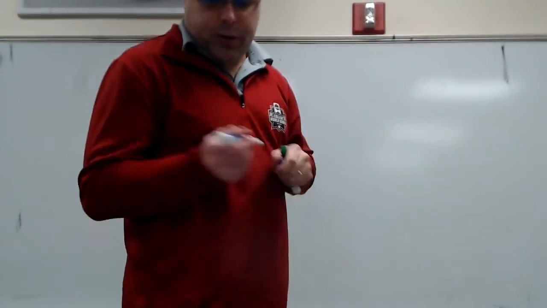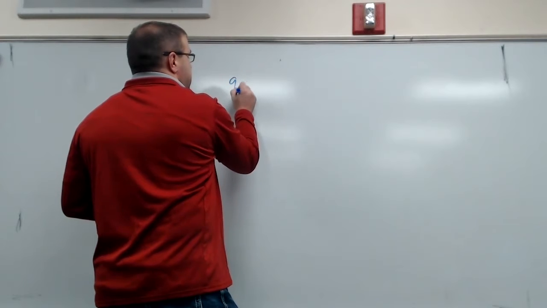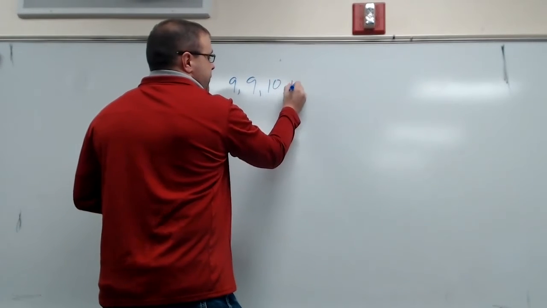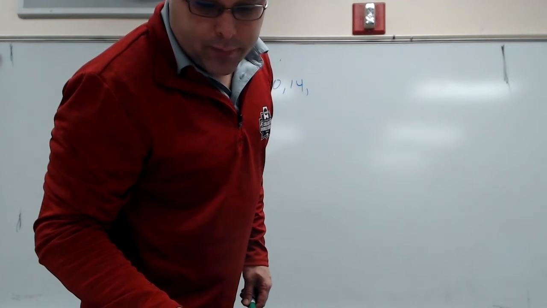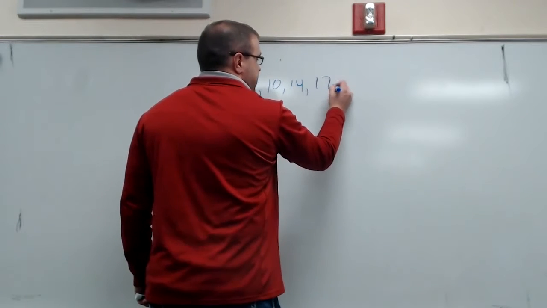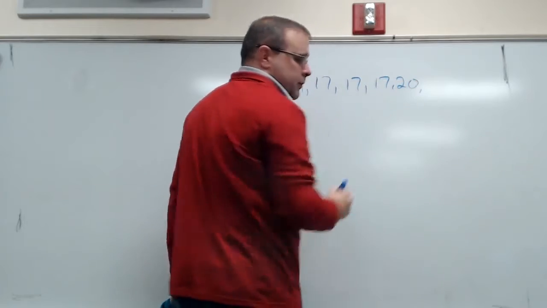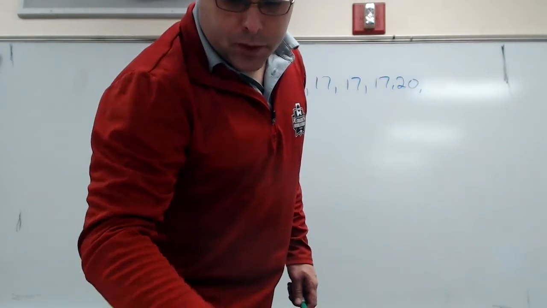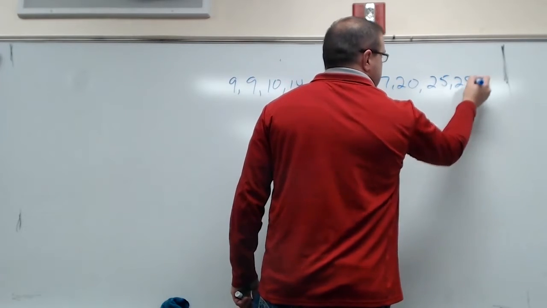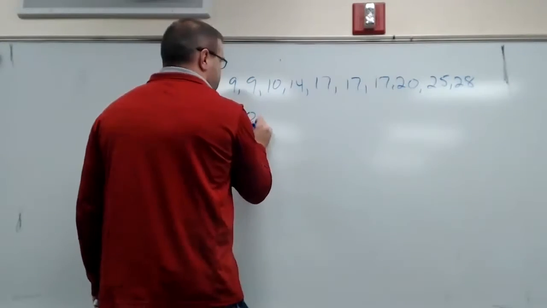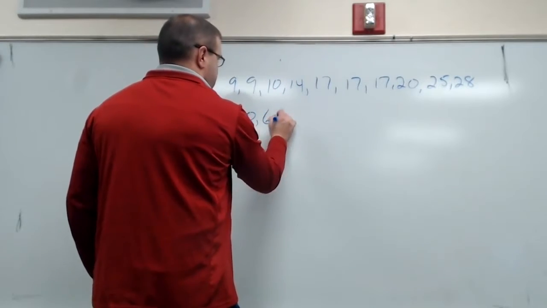So the data from smallest to largest: 9, 9, 10, 14, 17, 17, 17, 20, 25, 28, 30, and 66.